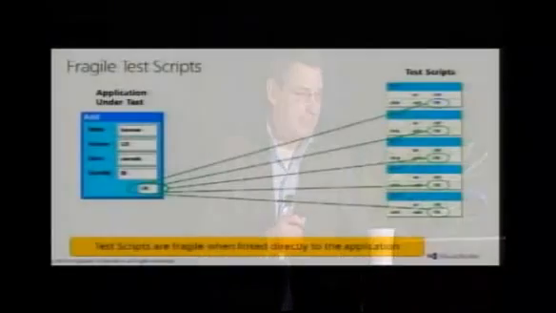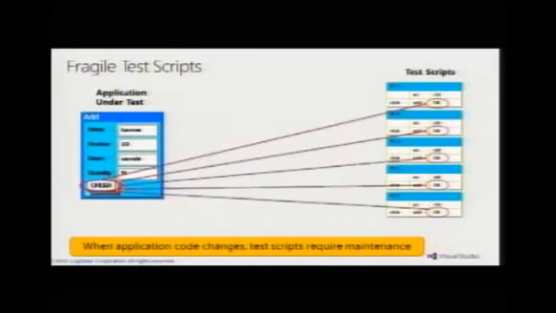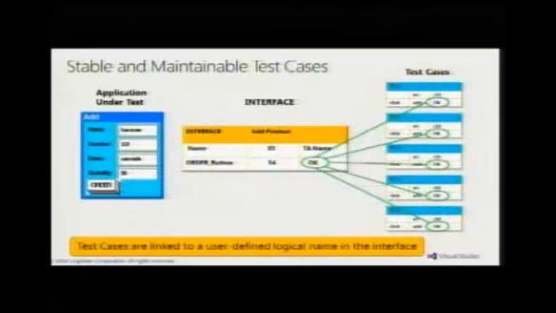And a couple other aspects of Test Architect for Visual Studio, especially where you have fragile test scripts that are linked directly to your application. You want to be able to protect those scripts so that when your application changes, all your test scripts don't break, and you have to go and do a lot of maintenance on those test cases.